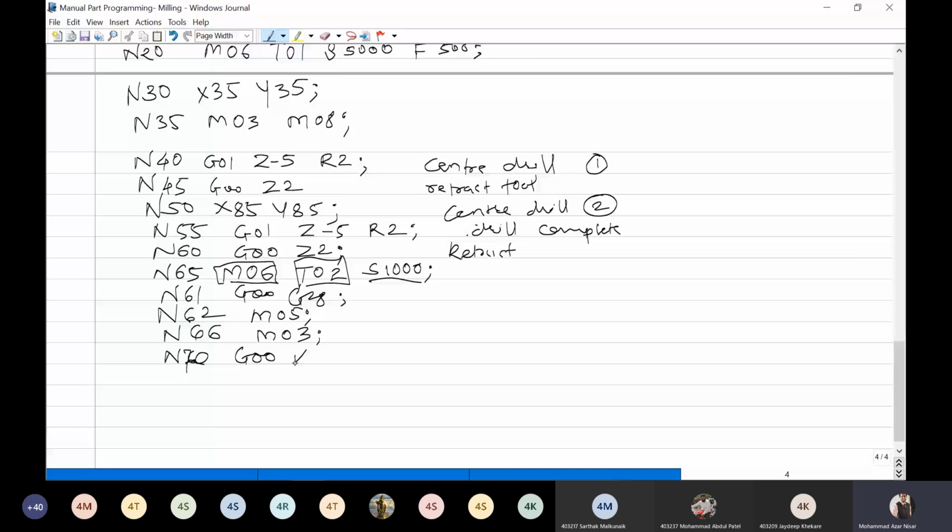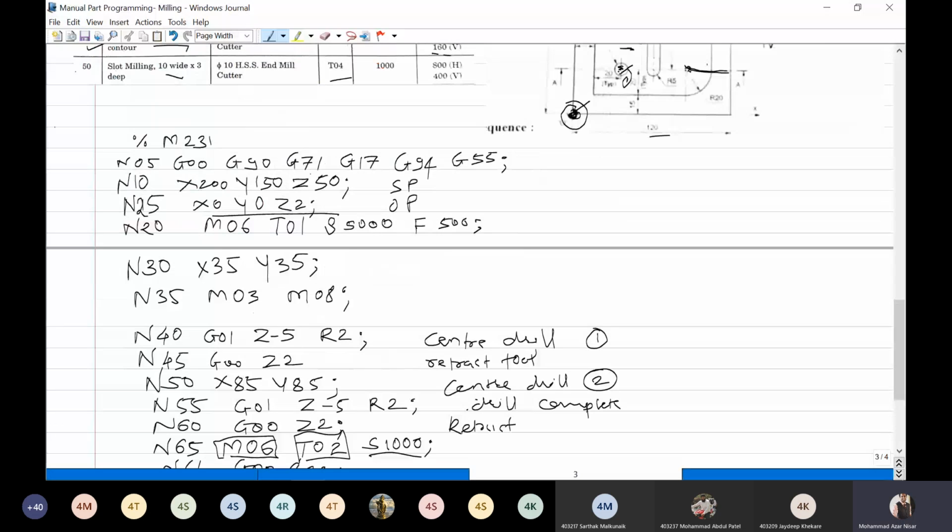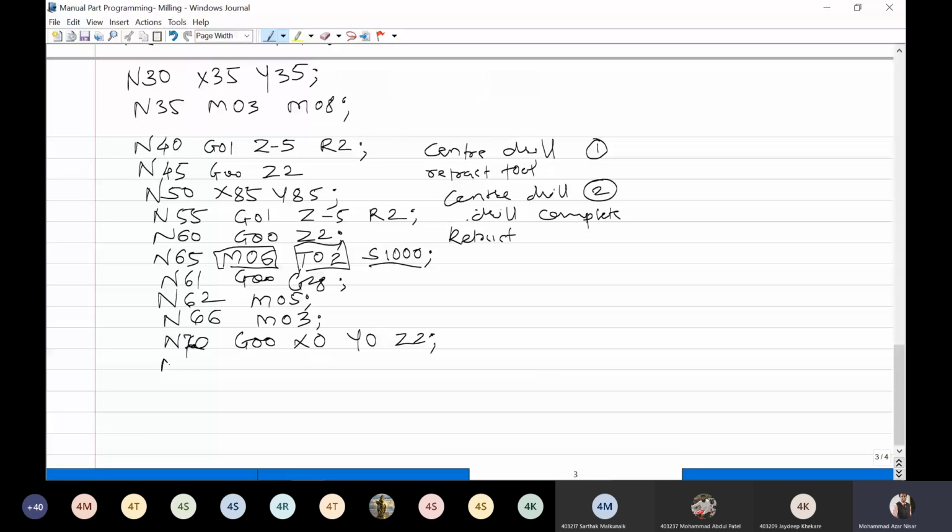Now it again comes to its starting position over here. Then N75, I have to move to the coordinates. G00 is not required again. X35 and Y35.